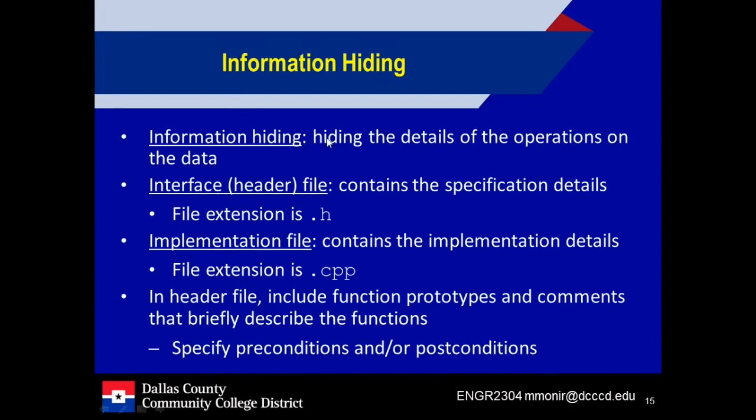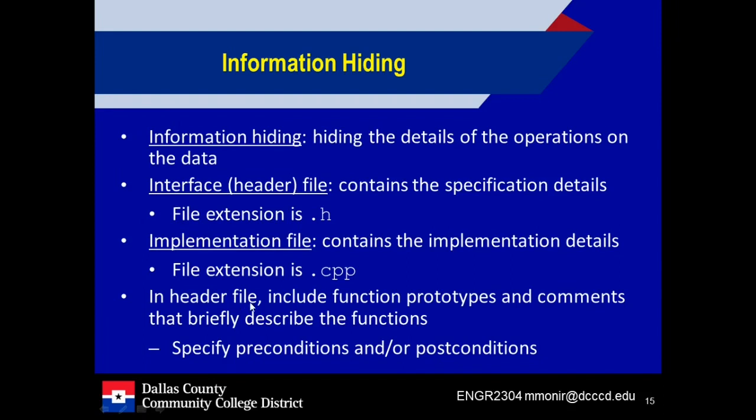Information hiding is hiding the detail of the operation on the data. The interface header file contains the specification details with the file extension .h. You have already seen this. And the implementation file contains the implementation details with the file extension .cpp.